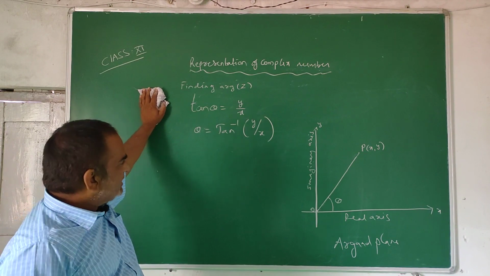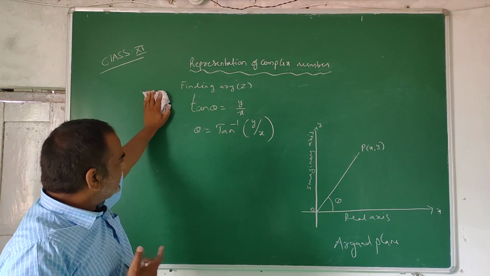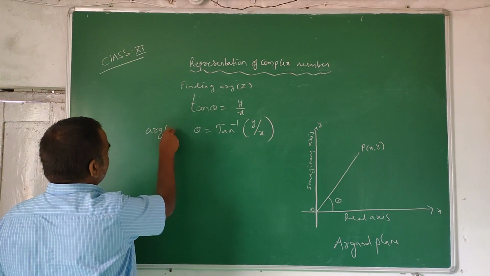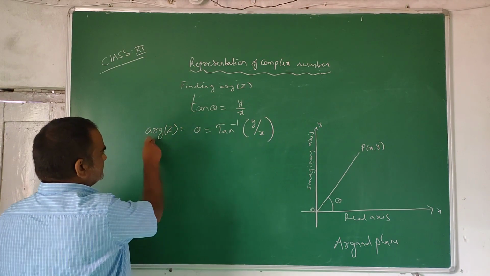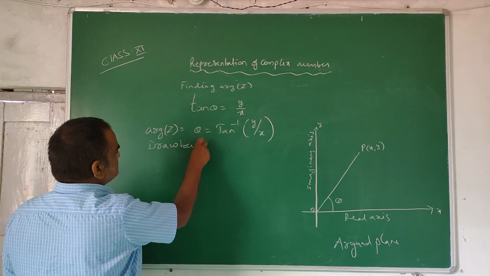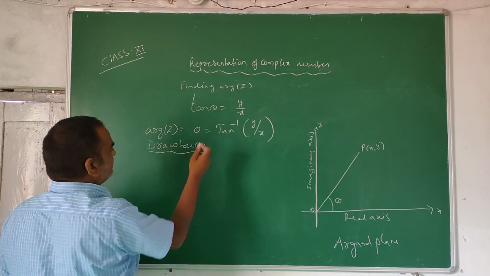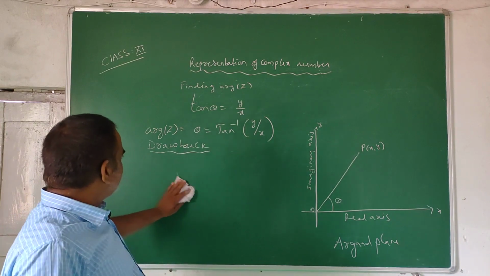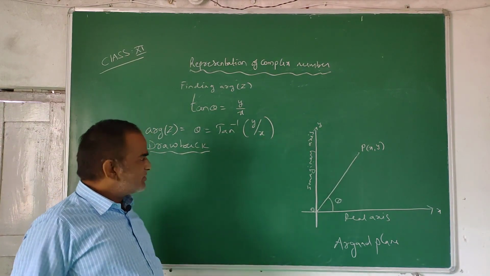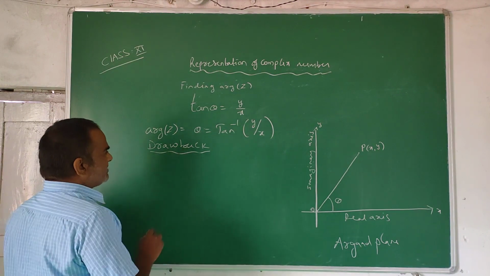But calculation of argument of z using this formula has a drawback. Let us check it out. What is the drawback we have in calculation of argument of z using this formula? Okay, I am explaining you the drawback.